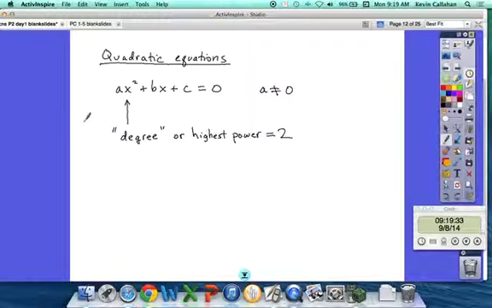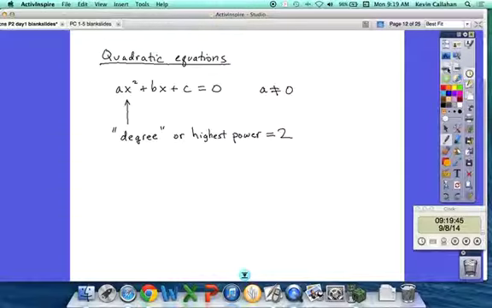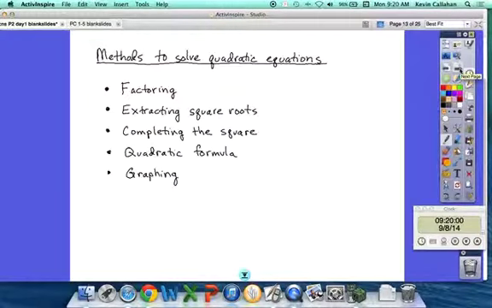So quadratic equations, there's a whole lot of ways to solve them, which we're not going to do all of here today. Factoring, extracting square roots, we will do some of that.